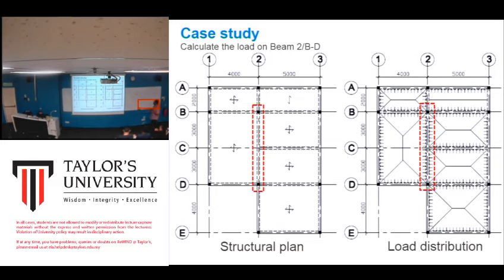Other than that, what weight does the beam cover or carry? The weight of this slab, 1, 2, 3, live load and dead load. Okay. And then the weight of what? What else?